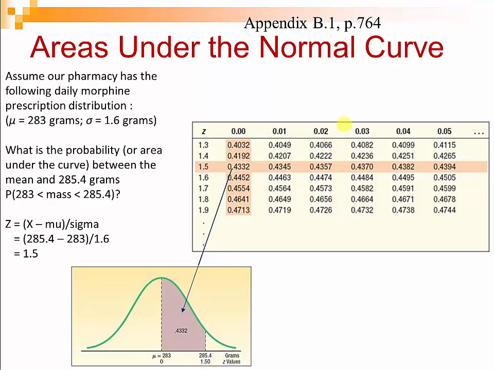So this is an area that we see on page 764, and we assume that our pharmacy has the following daily morphine prescription distribution: the mu of 283 grams and a standard deviation of 1.6 grams. What's the probability or area under the curve between the mean and 285.4 grams?